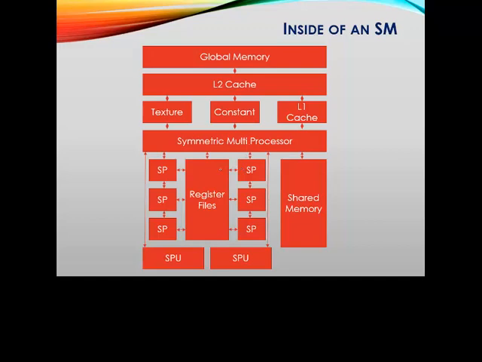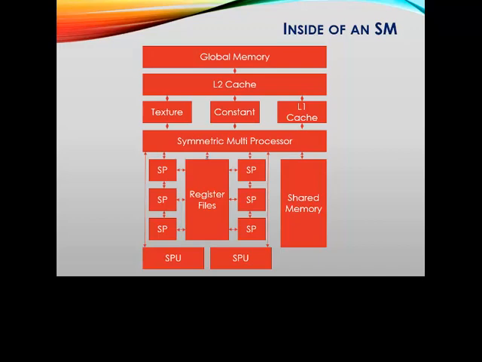These specialized processors will have access to both your shared memory through your symmetric multiprocessor, as well as your register files. Register files are essentially a set of 256 bytes or 512 bytes of specialized, very, very high-speed memory units that are available for fast operations.